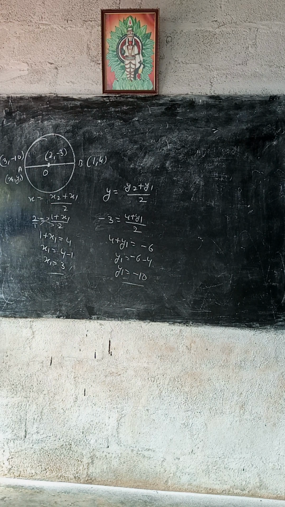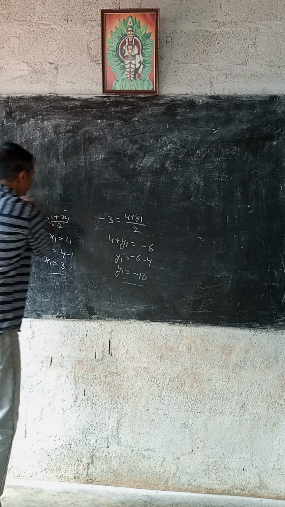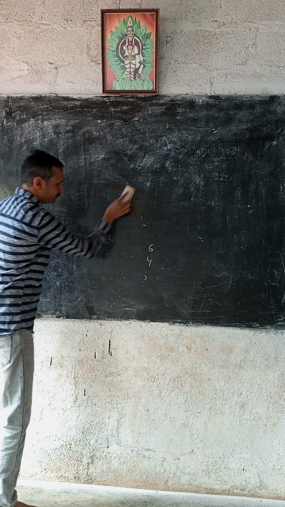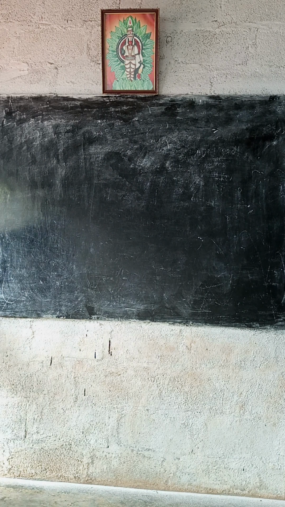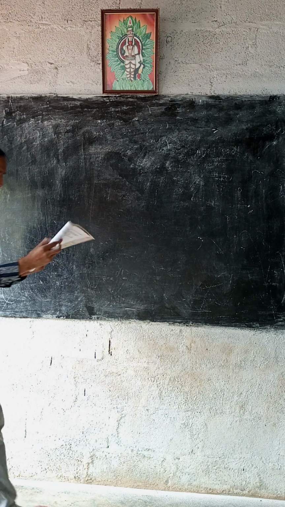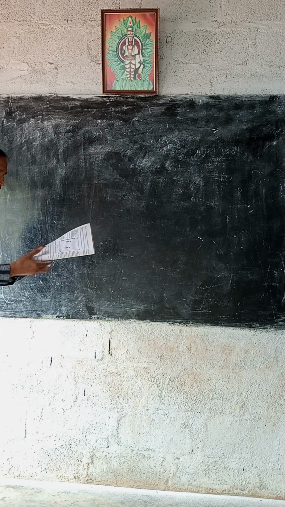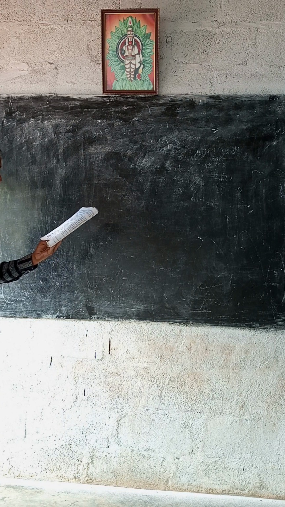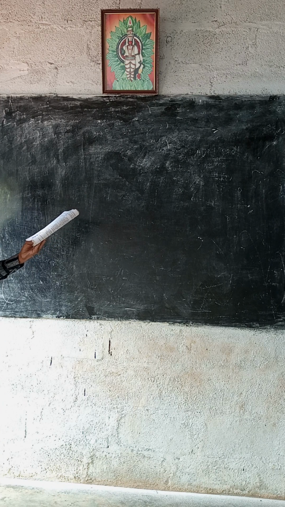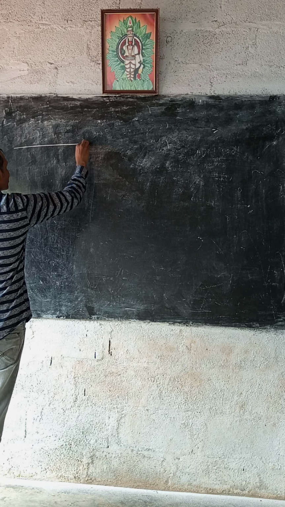Question number 8. If A and B are (2, minus 2) and (2, minus 4) respectively, find the coordinates of P such that AP is 3/7 of AB and P lies on the line segment AB. A line segment is given.